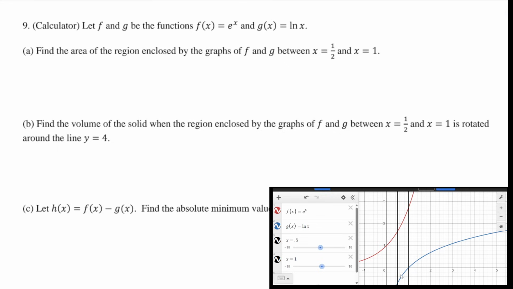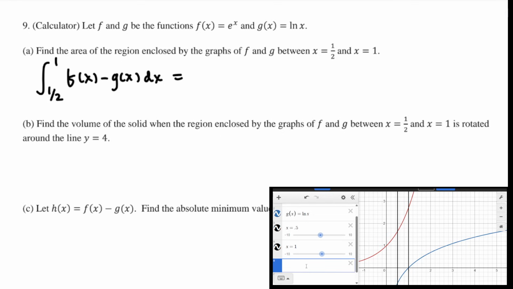So we're going to be integrating from x equals 1/2 to x equals 1. Red was e to the x, was f of x, minus blue was log x, was g of x. Okay, and we are going to integrate from 0.5 up to 1 of f of x minus g of x dx and get 1.223.